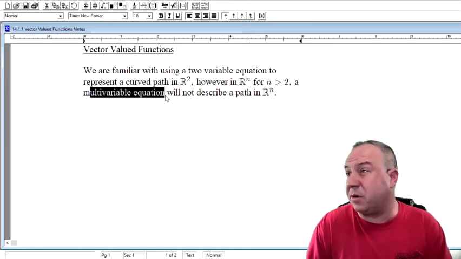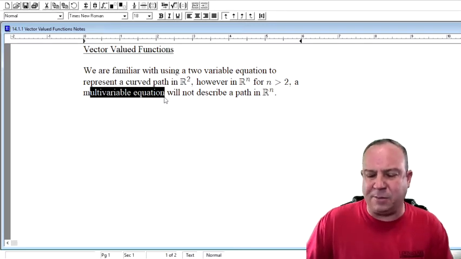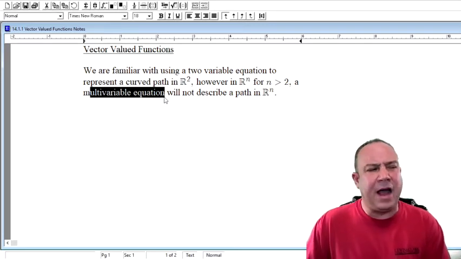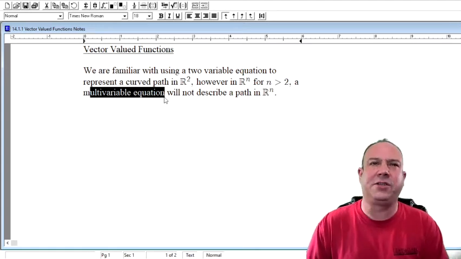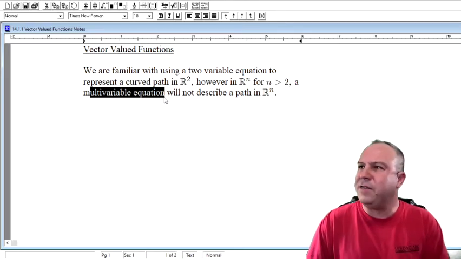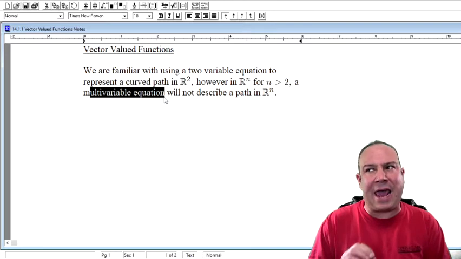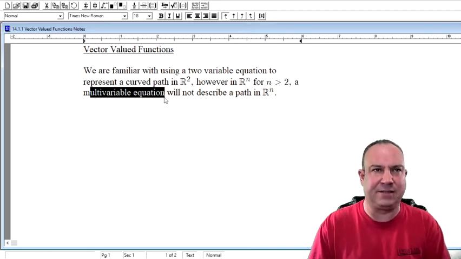And actually, any number of variable equation will not describe a path in that n-dimensional space. What a multivariable equation actually describes in higher dimensional space is what we call surfaces and hypersurfaces. They don't represent paths or what we might think of as curves in those spaces.